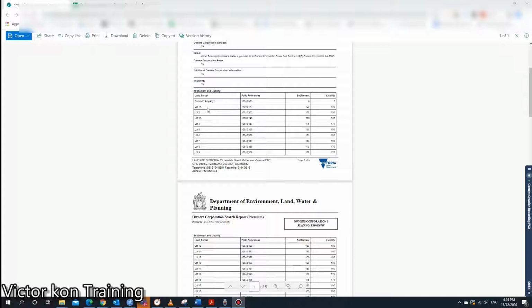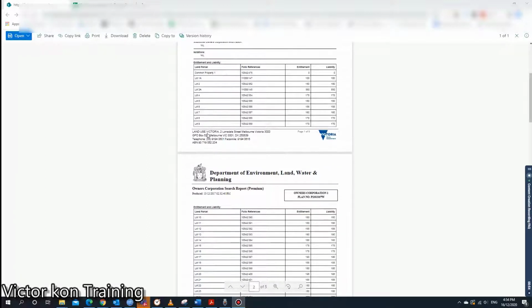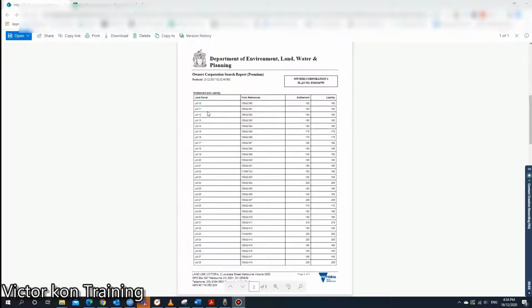Now, it doesn't talk about apartment number. It only talks about the legal term, which is lot. That's how they identify your parcel of land, not by apartment number, because that's man-made. What they're really concerned about is the lot. So first of all, step one, you have to look at which lot you belong to.